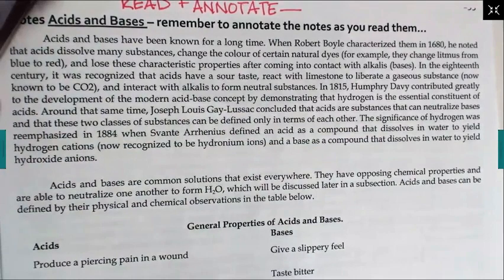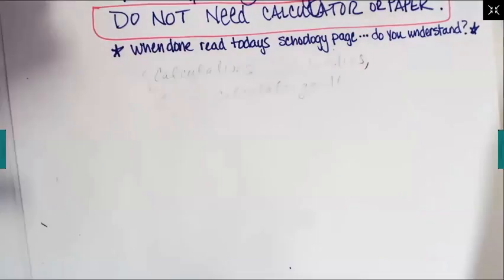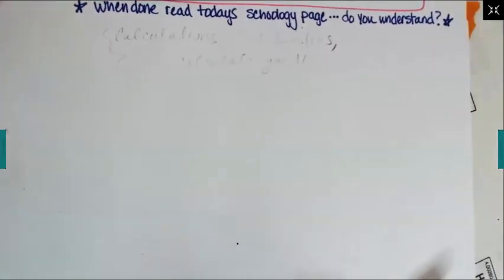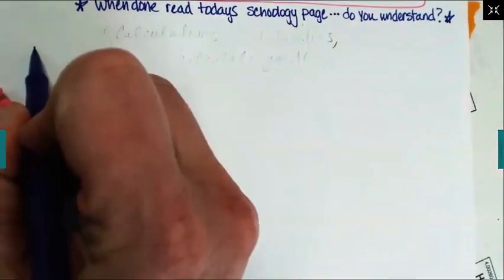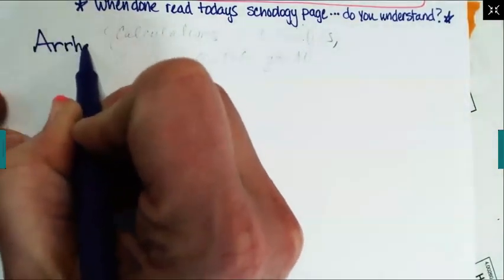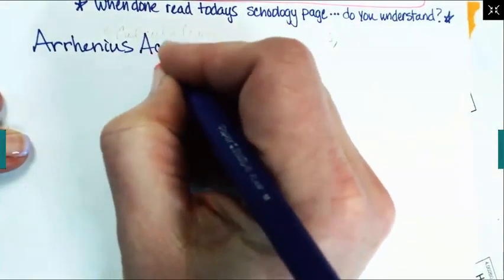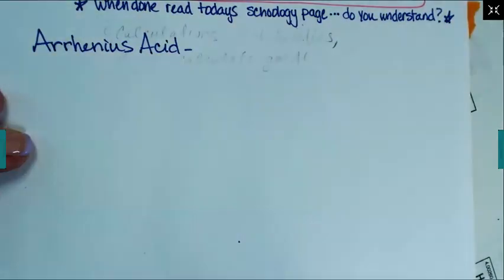So from all of that, what are we going to write down for notes? Well, one guy we need to know is Arrhenius. A-R-R, right? Arrhenius, and he described an acid as what?